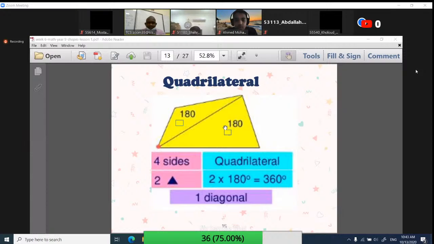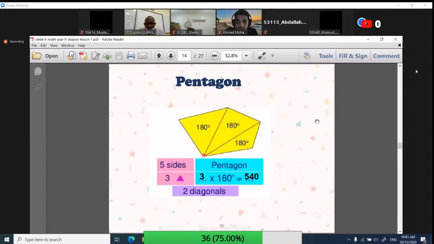That is a quadrilateral. What about a pentagon? If we divide a pentagon, we can divide it into how many triangles? 3. Into 3 triangles. With 2 diagonals like this, we get the sum of the interior angles as 540.